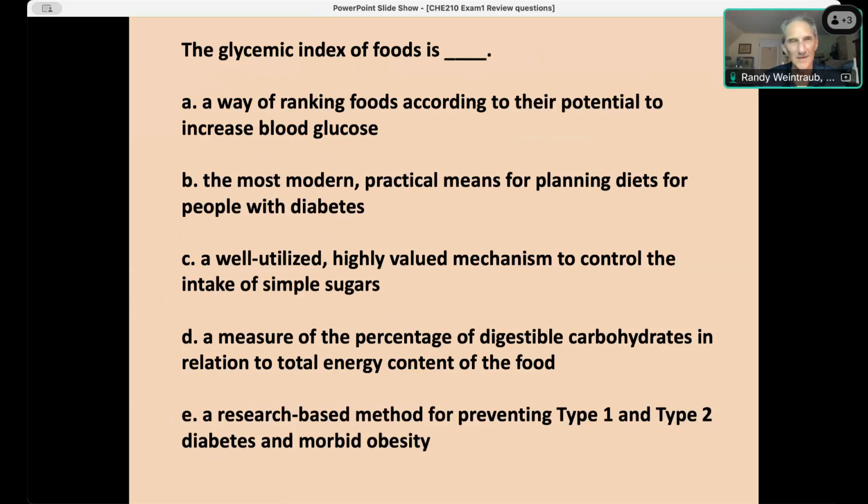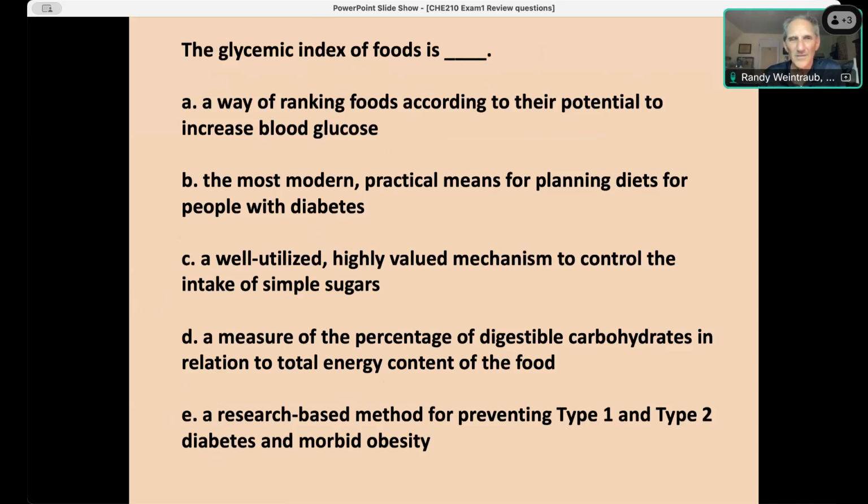Glycemic index. Actually, this is later on. I don't think it's in this chapter. So glycemic index is, we're taking in carbohydrate, how quickly does that carbohydrate get metabolized and put into the bloodstream as glucose? Foods are given this glycemic index number. If it's a high number, then the carbohydrate goes into glucose in our bloodstream very quickly.